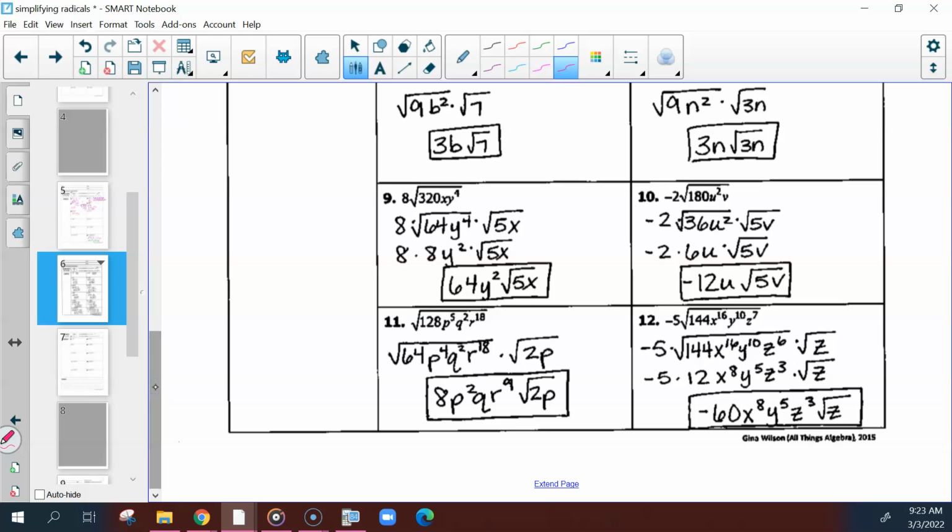Number 9. Final answer was 64 times y squared times the square root of 5x. Questions on that one?